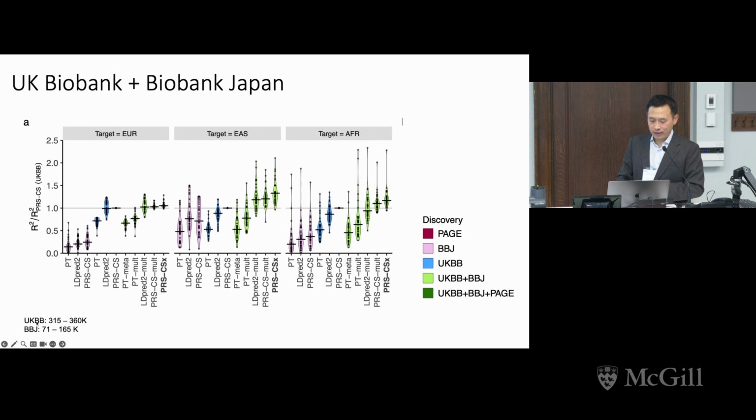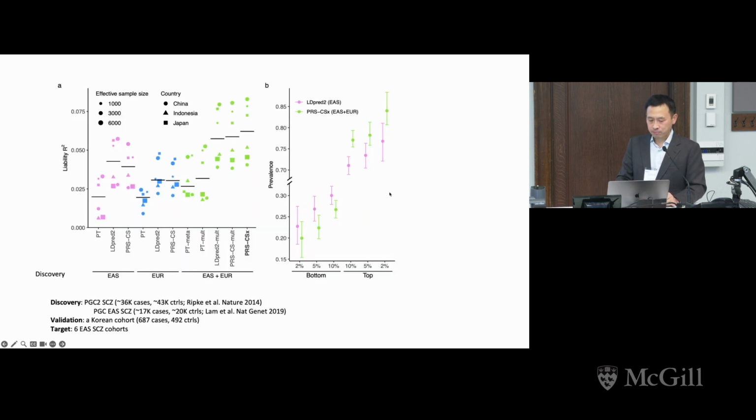Here, we have the white British from the European and the Biobank Japan, the Asian ancestry. There's no African ancestry individual added, but still we see a much better performance, likely because the added Asian ancestry captured to some degree the unique African genome variants. That's our hypothesis. But still, you will see that for African ancestry, we have some improved performance.